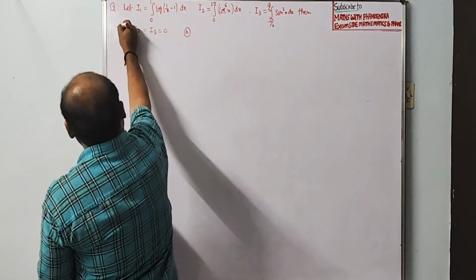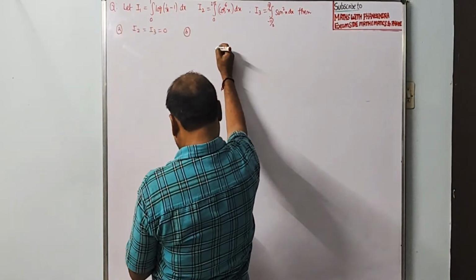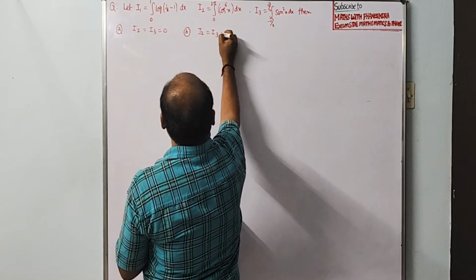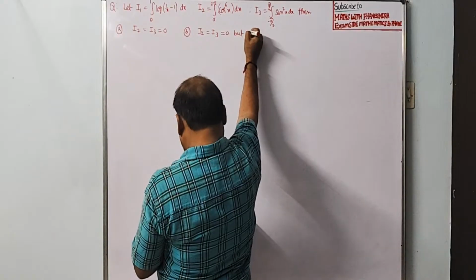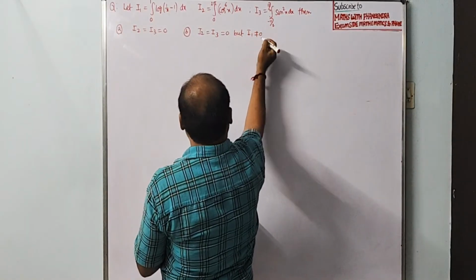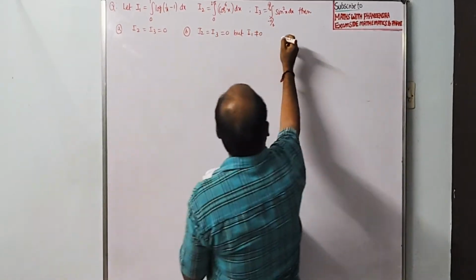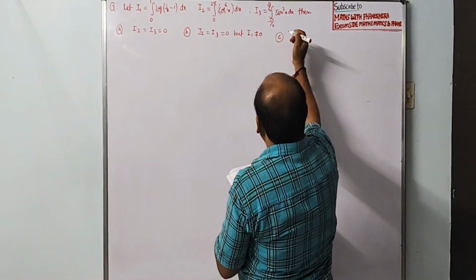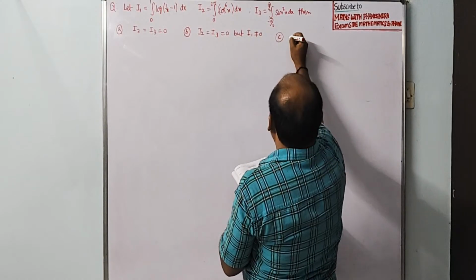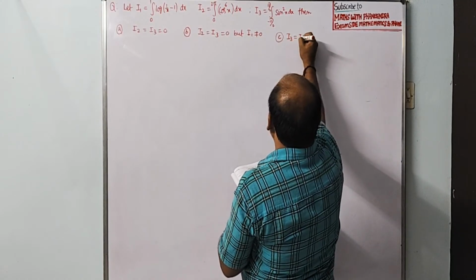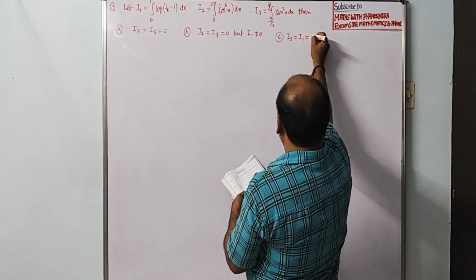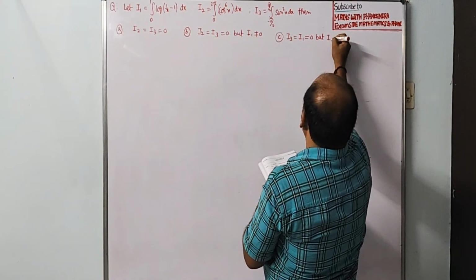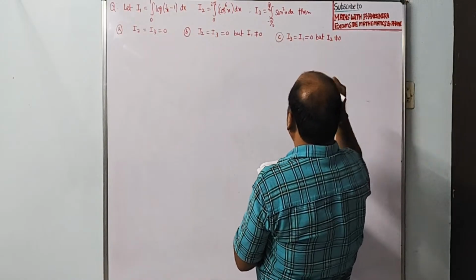Second option, I2 equal to I3 equal to 0, but I1 is not equal to 0. Third option, I3 equal to I1 equal to 0, but I2 is not equal to 0.